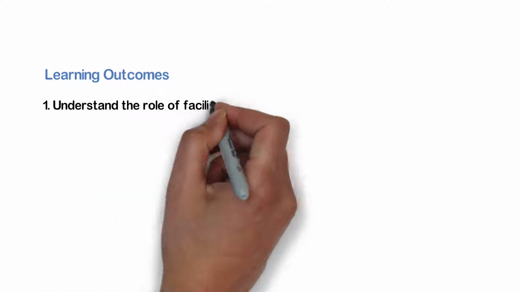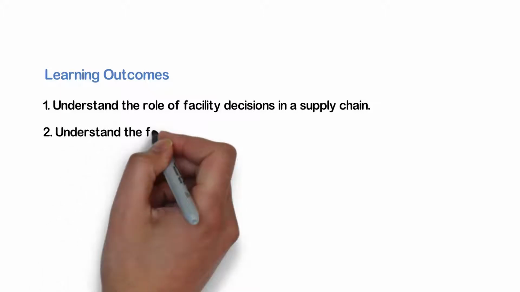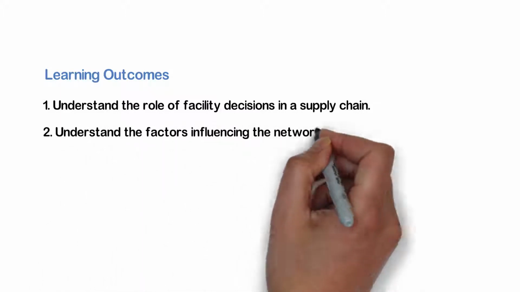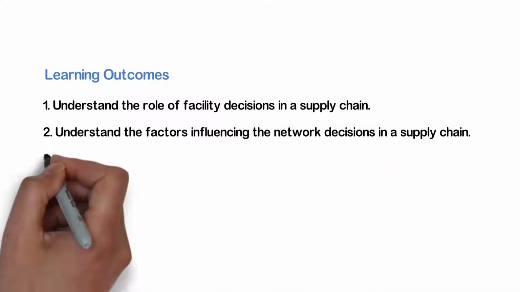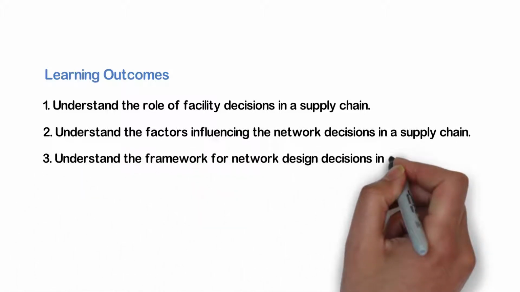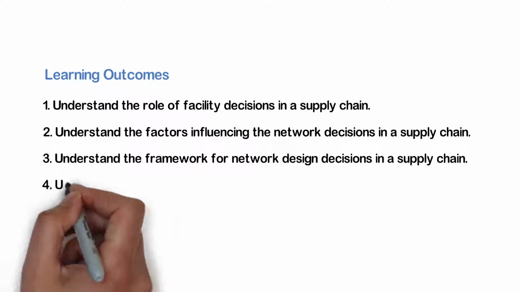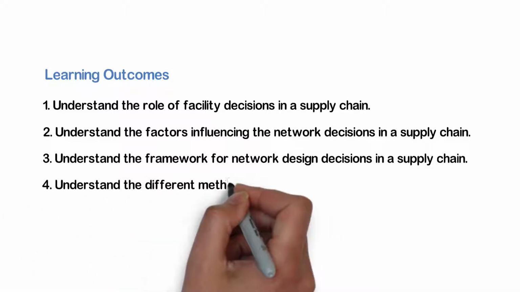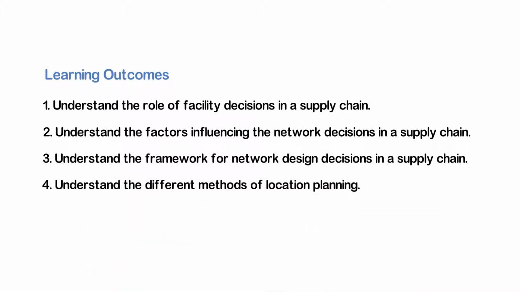The learning outcomes would be an understanding of the role of facility decisions in a supply chain, the factors influencing the network decisions, the framework for network design decisions, and the different methods of location planning.